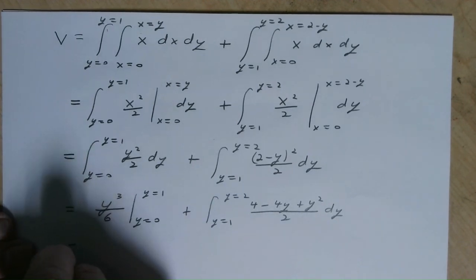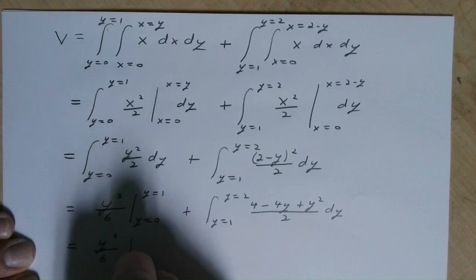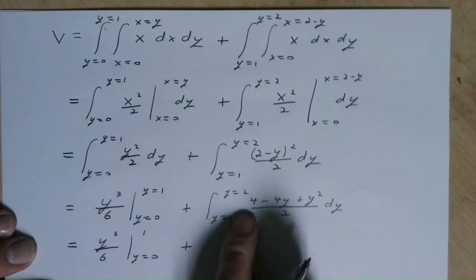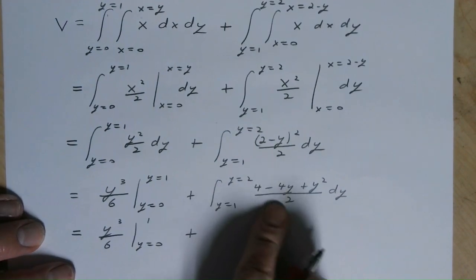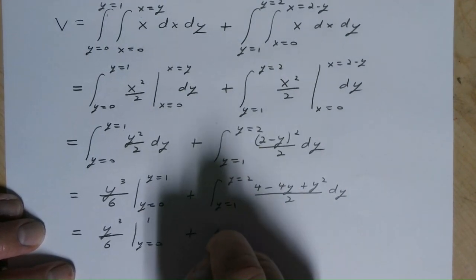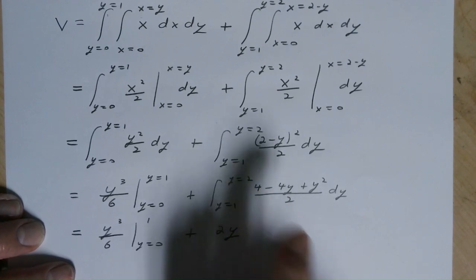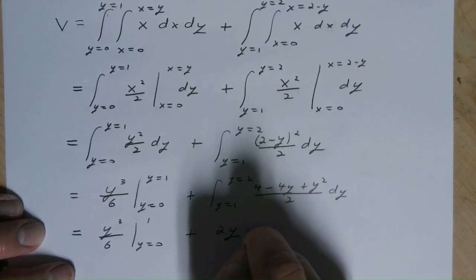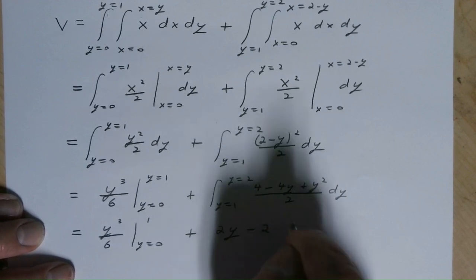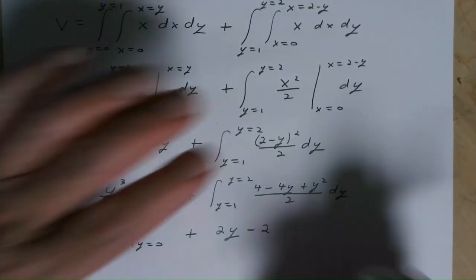And let me just carry this left one down. And now let's integrate over here. Actually, 4 divided by 2 is going to be 2. Then we integrate, that'll be 2y. And this is going to be minus 2y, but then we integrate it, it's going to be y squared divided by 2.